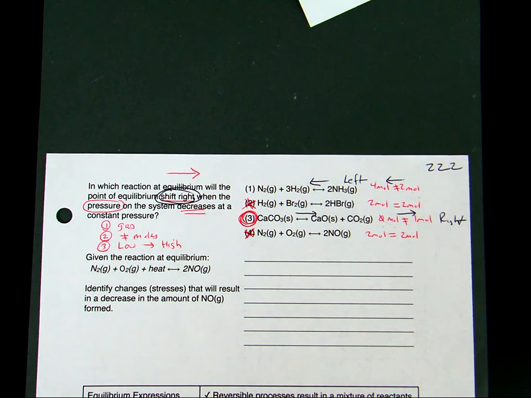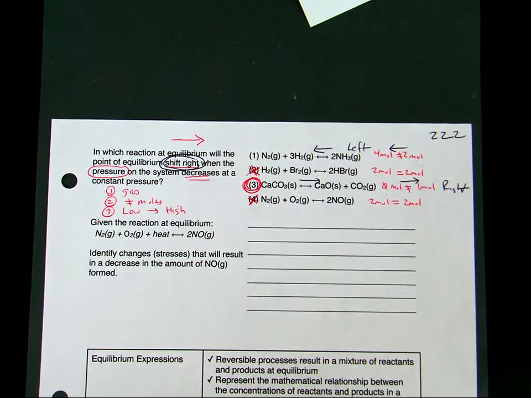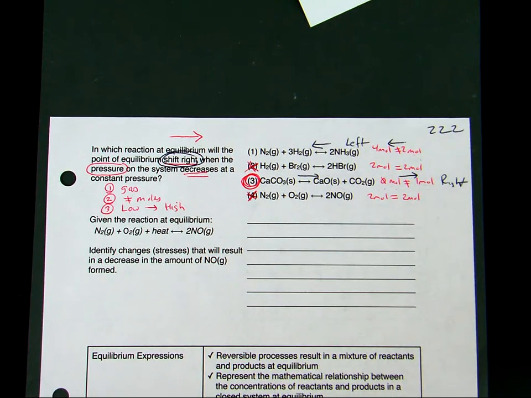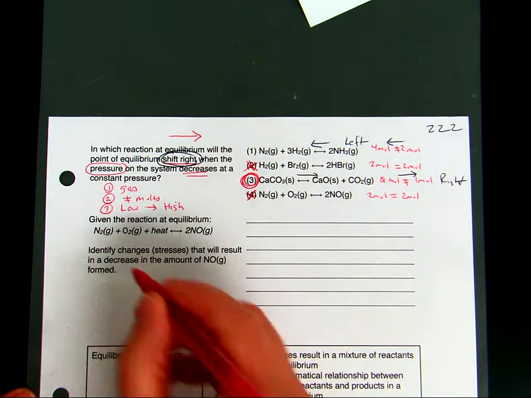Okay, the last example question comes from things we've seen on part 2 of the Regents exam. We're given a system at equilibrium. Identify changes or possible stresses that will decrease the amount of NO formed.